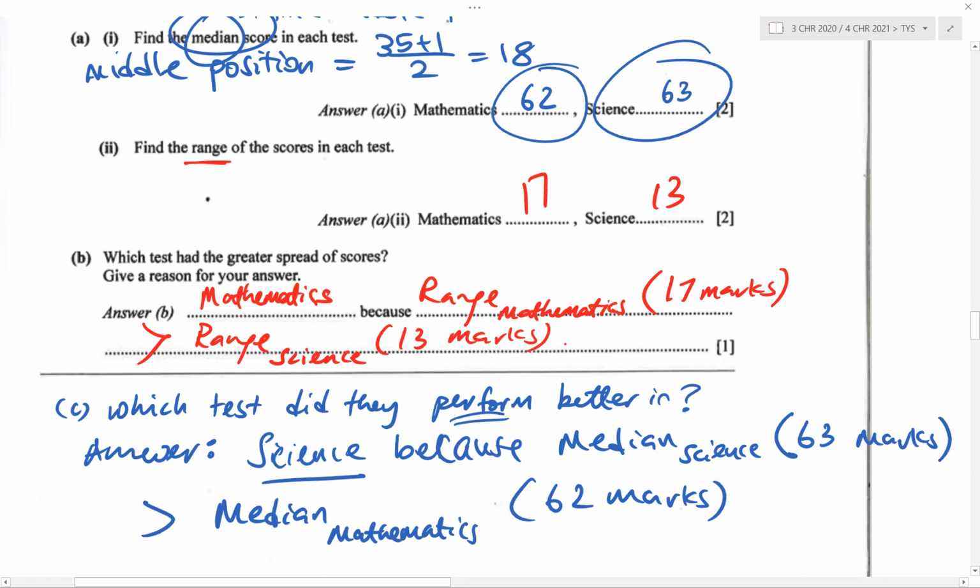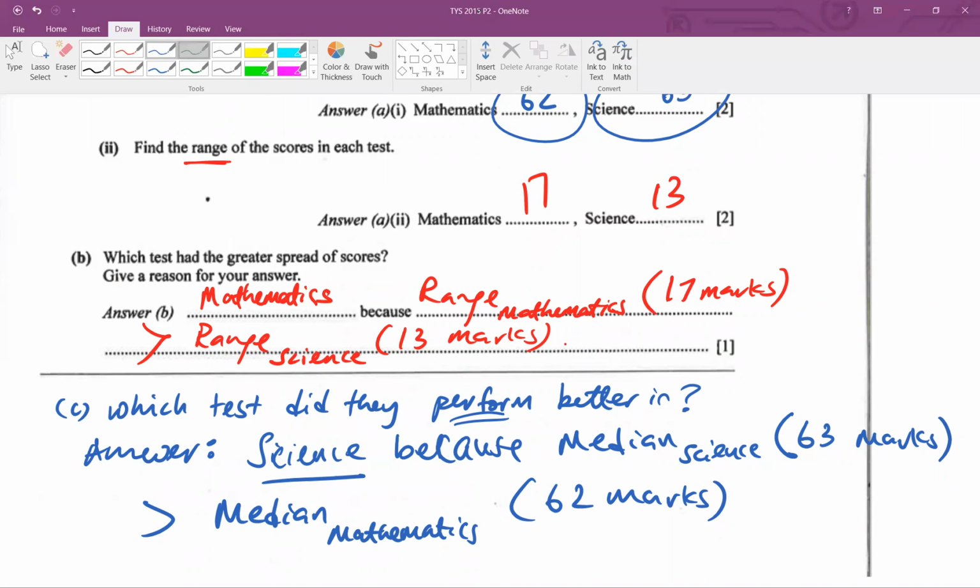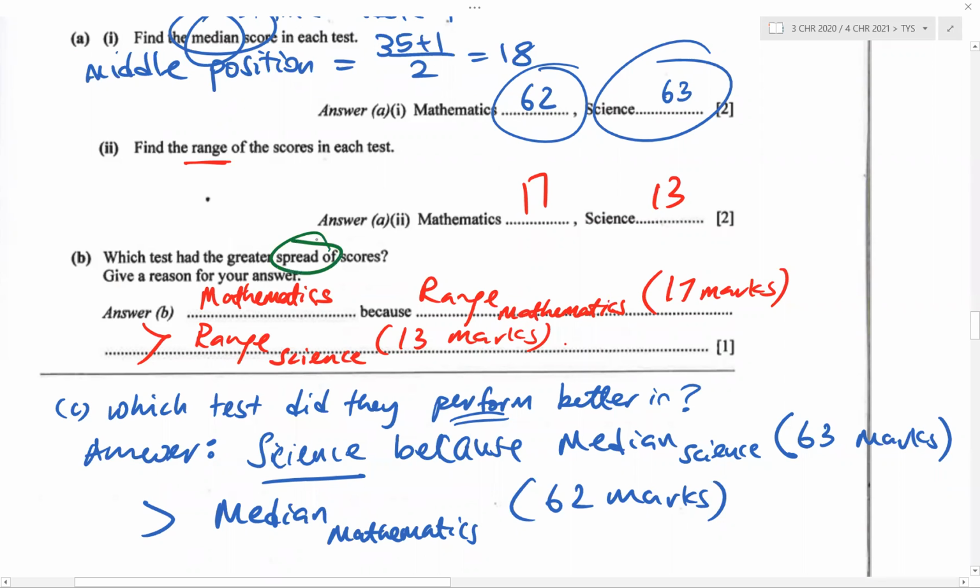You need to be able to write this part description down. For performance, you look at median. For spread, for consistency, you look at range. So put down some notes. I'll put it in green color. Spread or consistency: consider range.